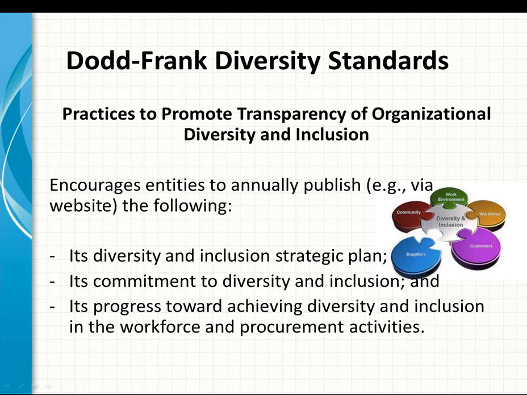And this encourages entities to annually publish via the website or newspaper the following: its diversity and inclusion strategic plan, its commitment to diversity and inclusion, and its progress towards achieving diversity and inclusion in the workforce and procurement activities. It also encourages financial entities to publish their demographic profiles of their workforce and suppliers.